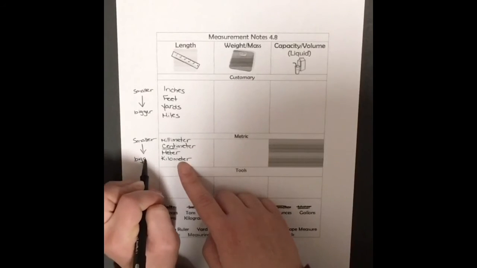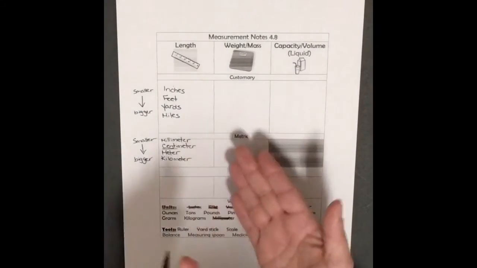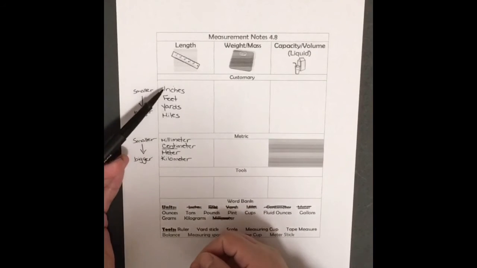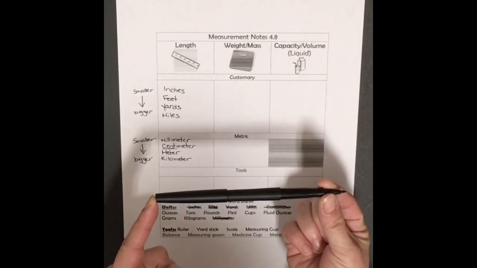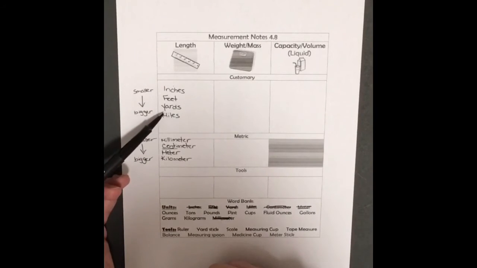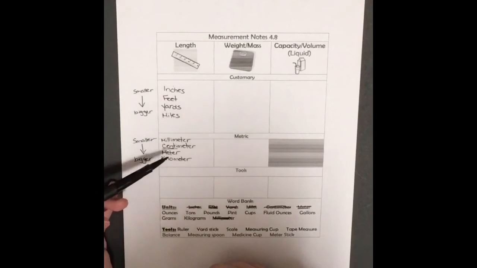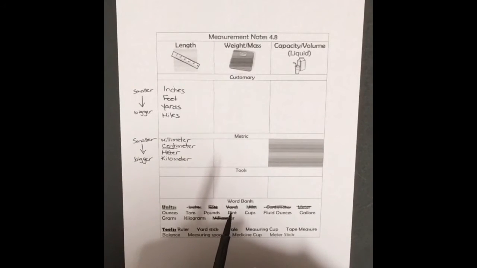A lot of these units are very similar to one another. They can be used interchangeably. You can use inches or centimeters if I wanted to measure this pen, for instance. I could use yards or meters if I wanted to measure the length of a door, or how far my airplane went.